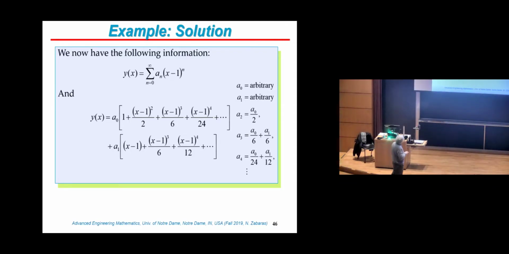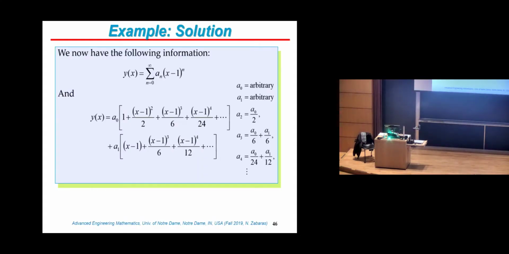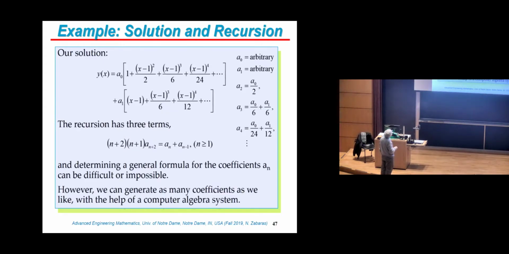So effectively, we have two power series in the solution, and they multiply coefficients a0 and a1. Literally, these are the two fundamental solutions of the second order equation. You remember the second order equation, right? This is a homogeneous equation, which has two fundamental solutions, and we actually have gotten the two fundamental solutions by doing this power expansion. There is one with an arbitrary a0, and there's the other one with an arbitrary a1.